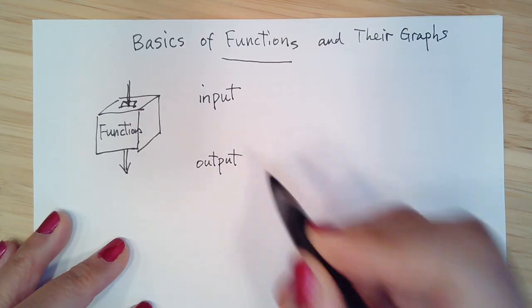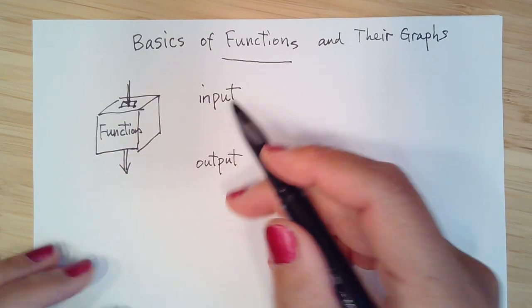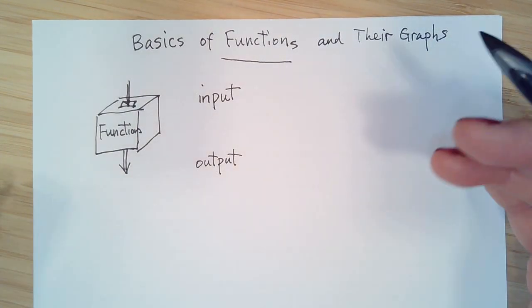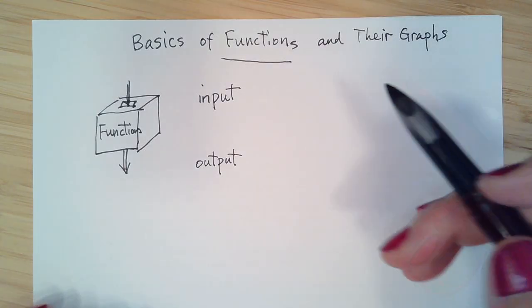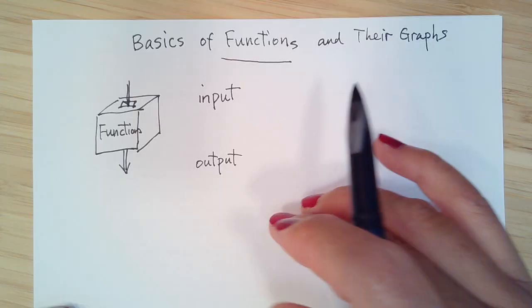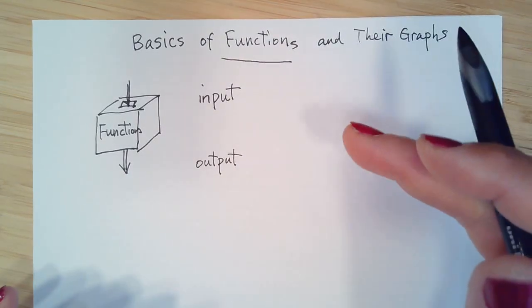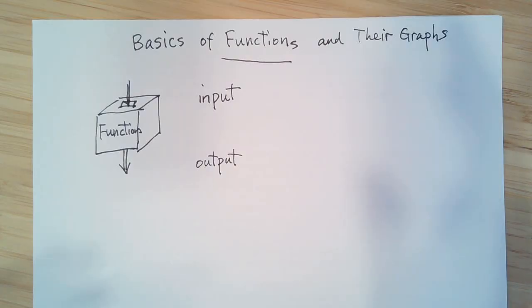Instead of putting in a coin and getting out an apple or a ticket, here in math our input and output are pretty much numbers. So this is like the relationship: input, output, input, output. Generally speaking, though, it doesn't necessarily have to be a number.